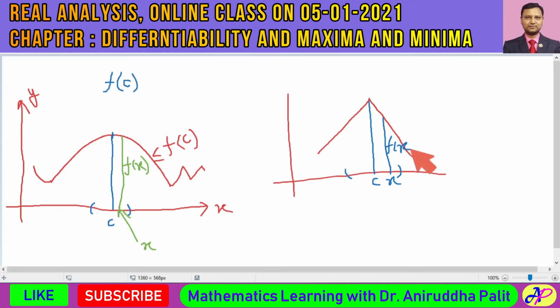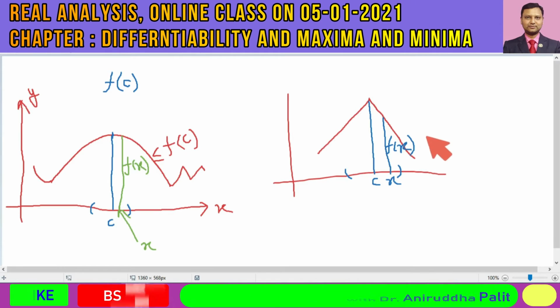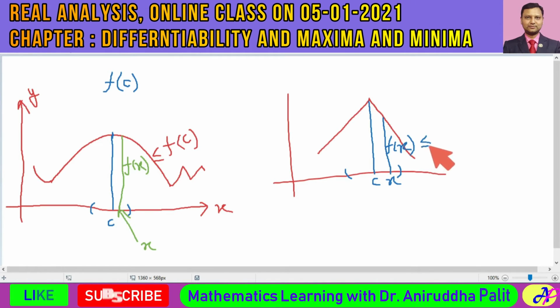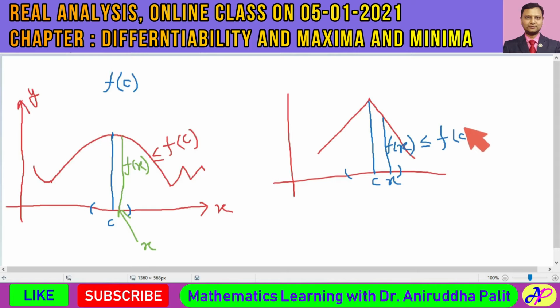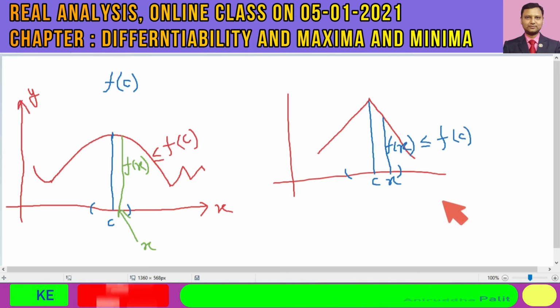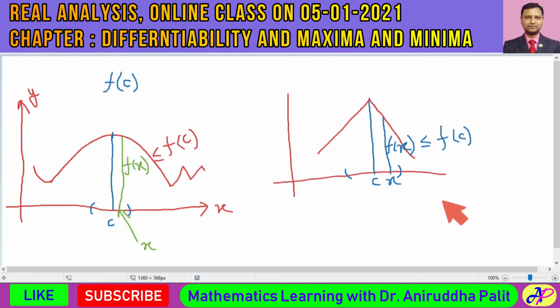And you see over here this f of x is less than or equal to f of c. Therefore, although the function is not differentiable at the point c, we can say that f of x is less than or equal to f of c for all x.